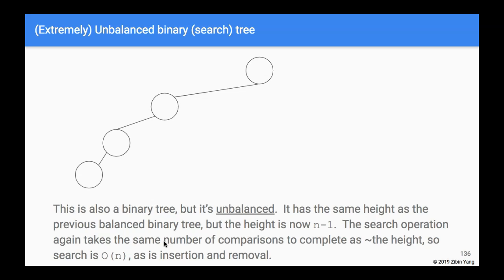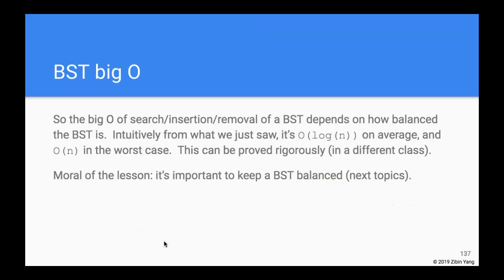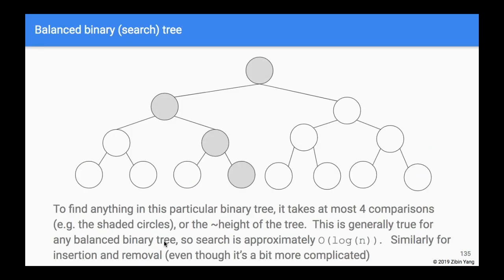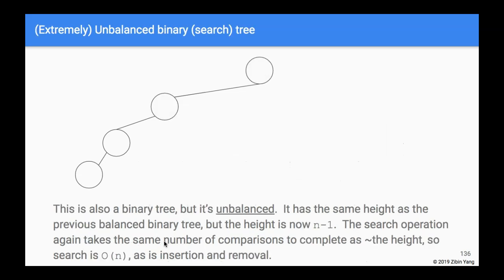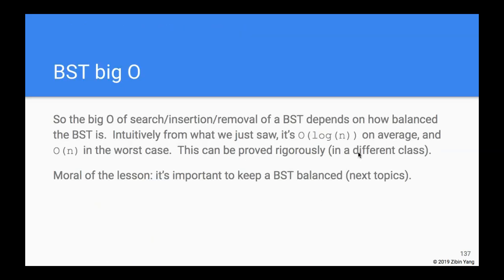So what we can see then is that the big O of the search and insertion or removal operation of a BST really depends on how balanced the tree is. And from what we just saw, on average, if things are large and random, it should be O of log n.